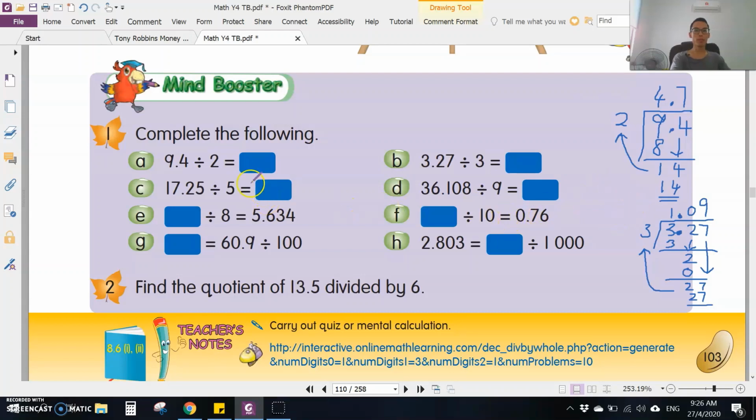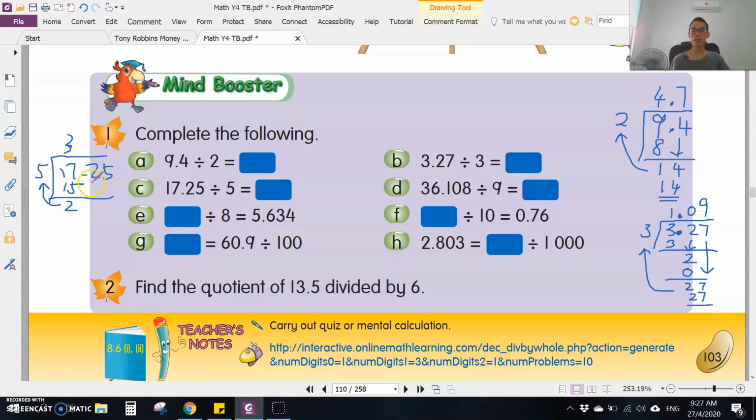Okay, for C, 17.25 divided by 5. 3 times 5, 15. Balance is 2. Check. Make sure it is smaller.